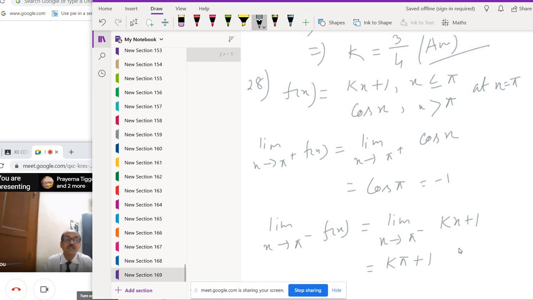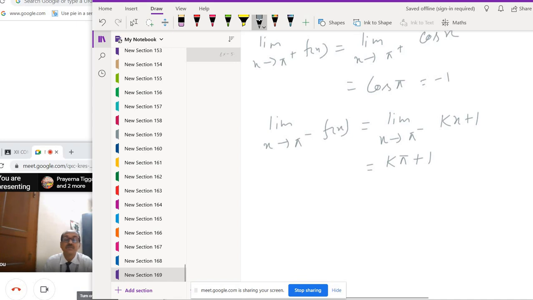Since f(x) is continuous, left hand limit equal to right hand limit.